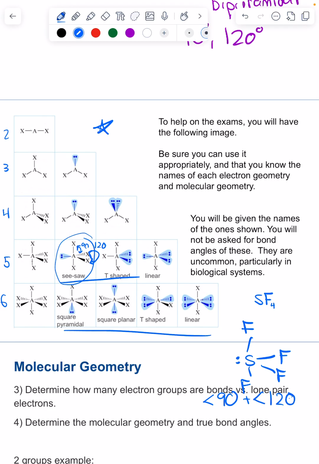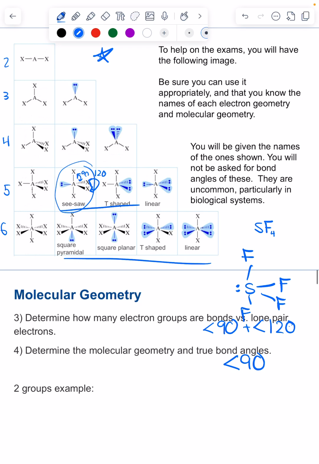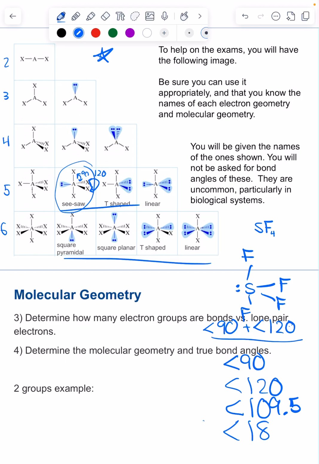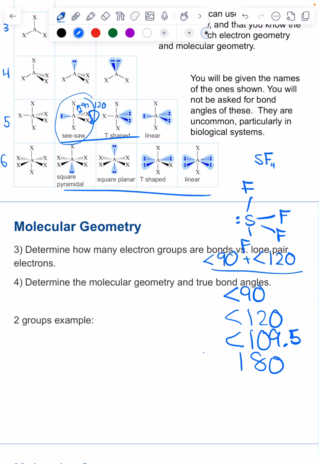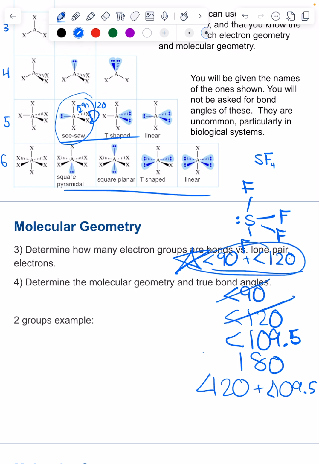If you have options for just less than 90, less than 120, let's say less than 109.5, 180, maybe I give you another one that's like a combination, like 120 and 109.5. Okay, so this is the correct one. You want to select the one that has both of them because this is not complete.